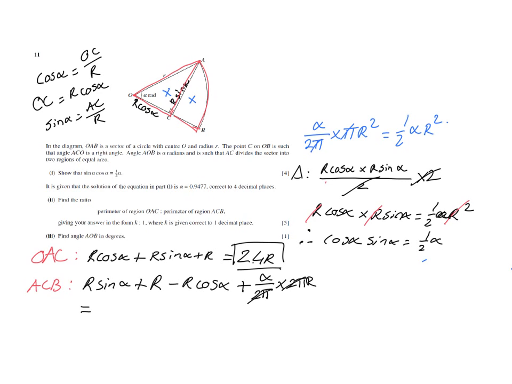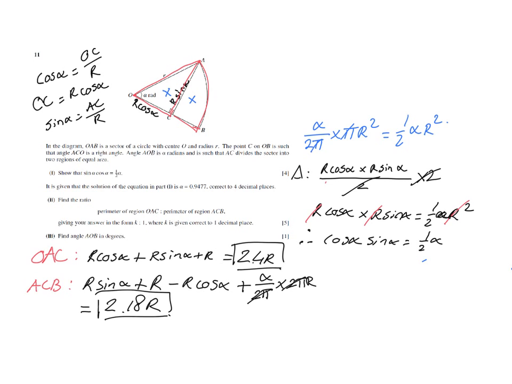Again, we can now substitute the value of alpha inside the equation, and then collect the like terms. If you do that, and I've just done that just before this video started, you're going to get 2.18r. So that will be the perimeter of ACB.